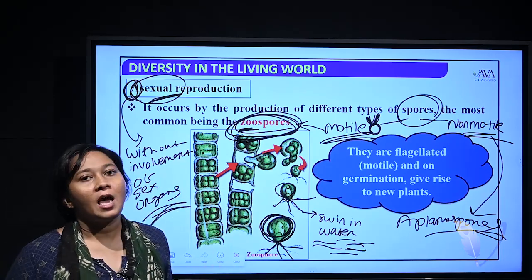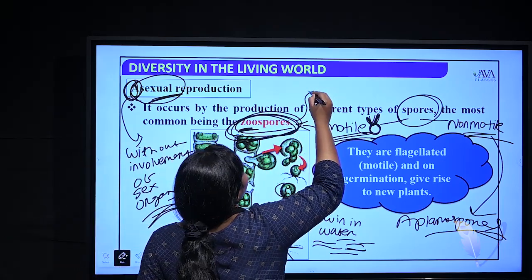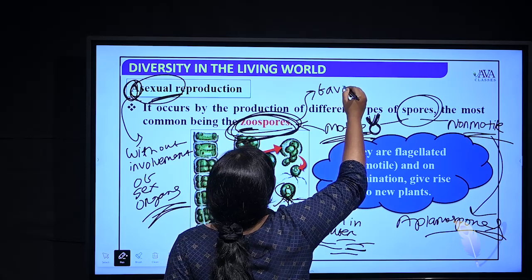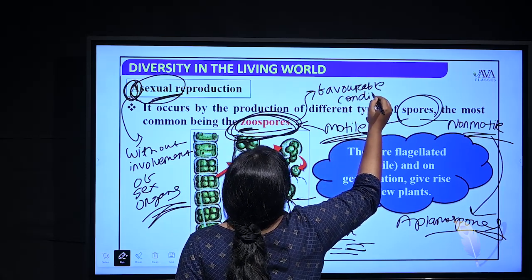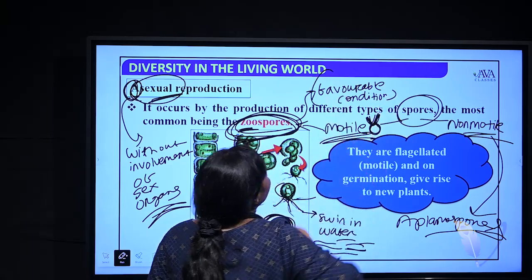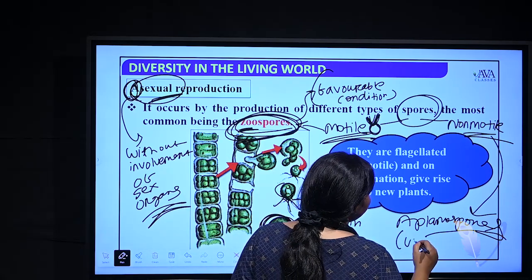These zoospores appear in their favorable habitat, in their favorable condition. And these aplanospores appear in their unfavorable condition.